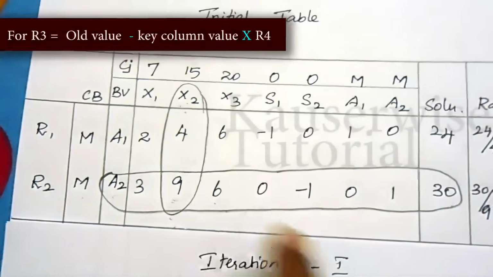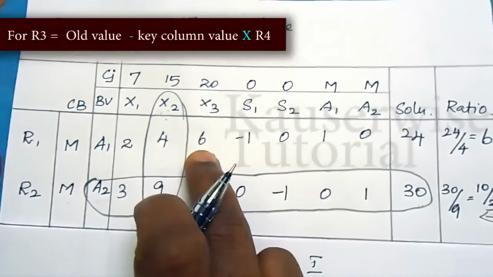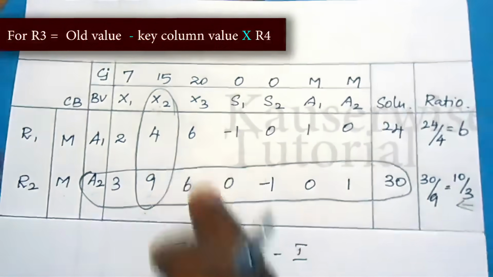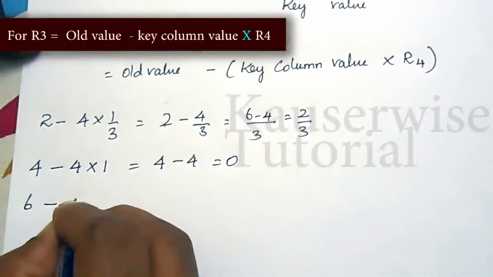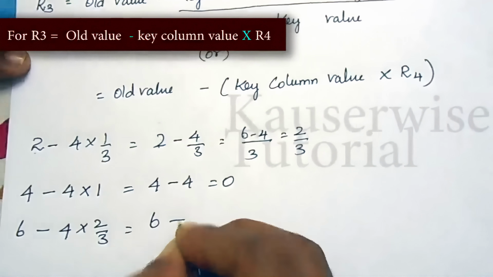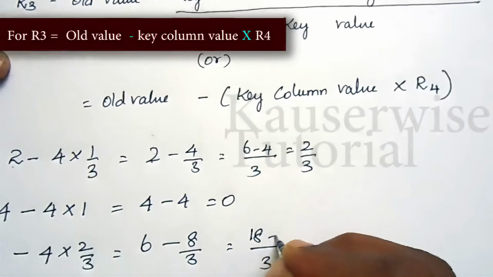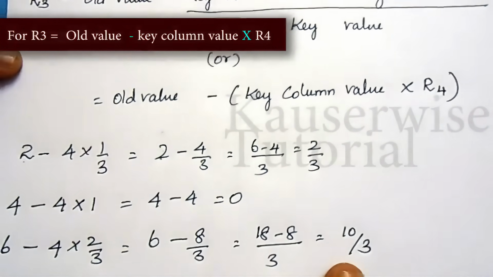For the next value, old value is 6, so 6 minus corresponding column value 4 into R4 value 2 by 3. 6 minus 4 twos are 8, so 8 by 3. LCM 3: 18 minus 8 is equal to 10 by 3. The new value is 10 by 3.